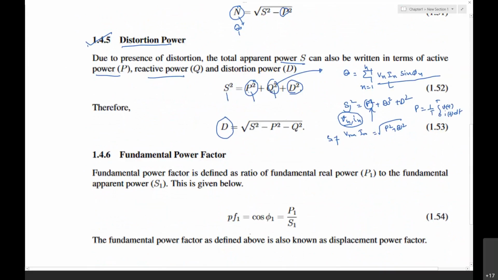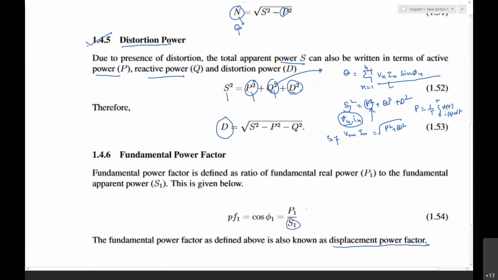And then we have one more term, the fundamental power factor, also called the displacement power factor. The displacement power factor is the fundamental real power by the fundamental apparent power.